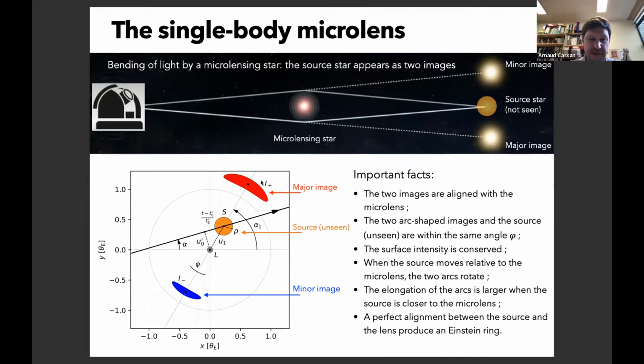So we will have to remember this scheme, because it will be important for the following. And if the source is perfectly aligned with the lens, then you will observe something completely round, which is, of course, what we call the Einstein ring. Okay, so these are the important facts about what we will discuss.